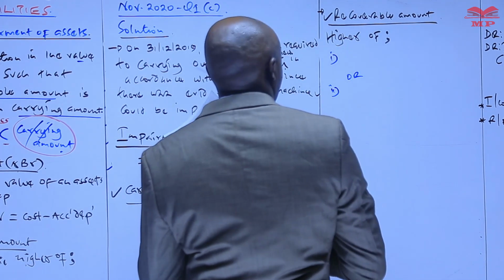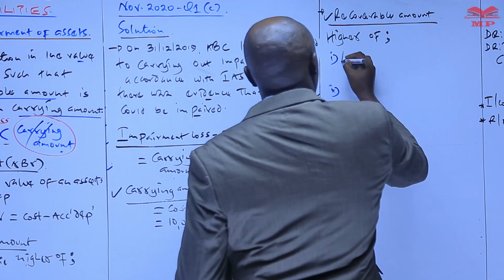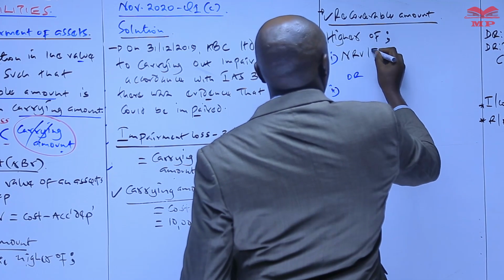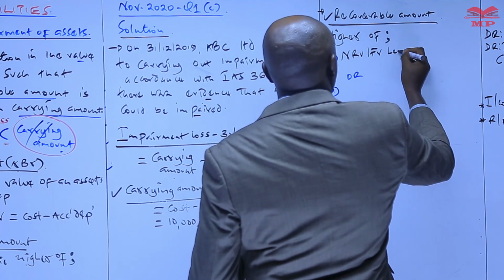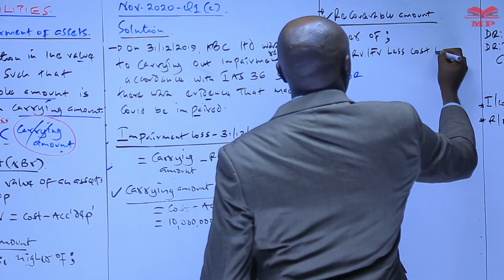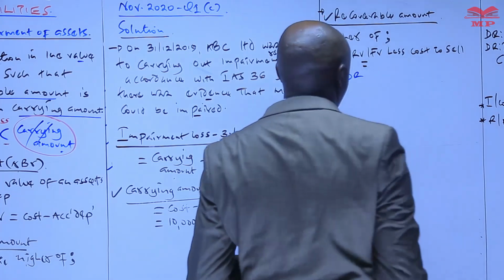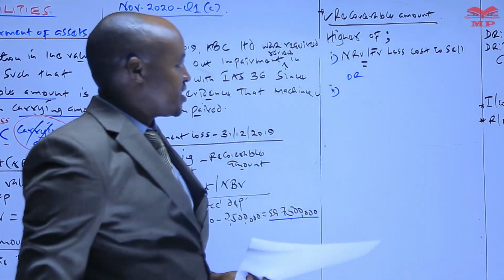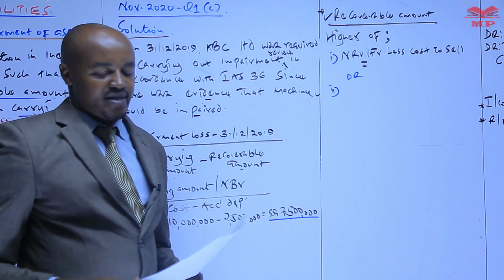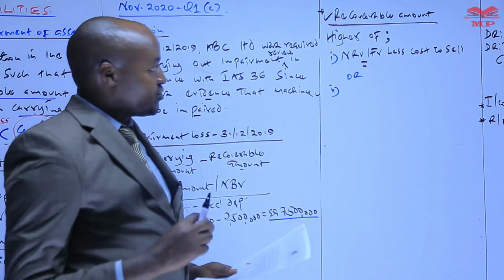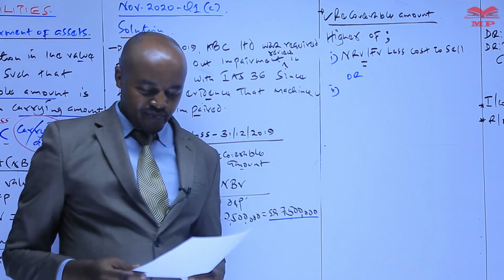Number one, the net realizable value, which is also the same as the fair value less cost to sell. So this we said is the value at which an asset can be sold currently, and then we deduct any cost which will be incurred in selling that asset.